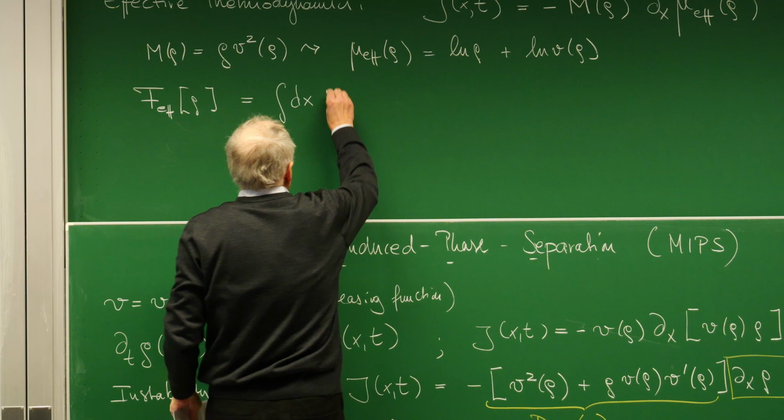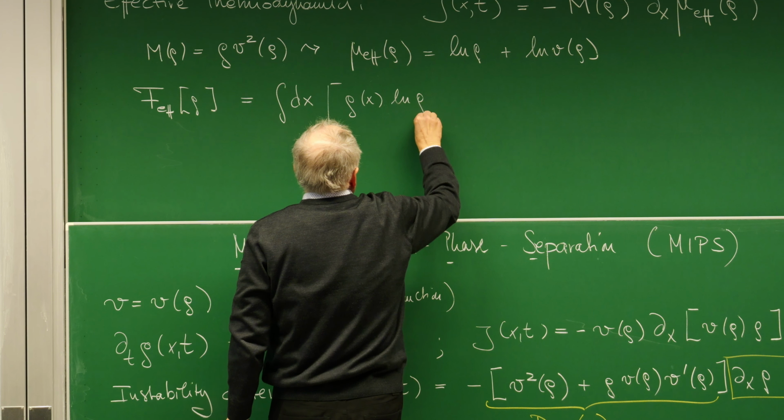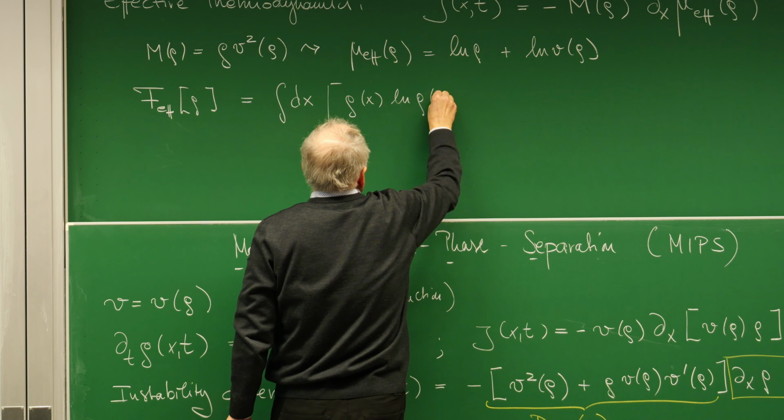Well, when you do that, as we just discussed, this will give the classical entropy term, rho log rho minus rho. And then from the term that contains the velocity, I need to integrate that term from some initial value up to the point rho.